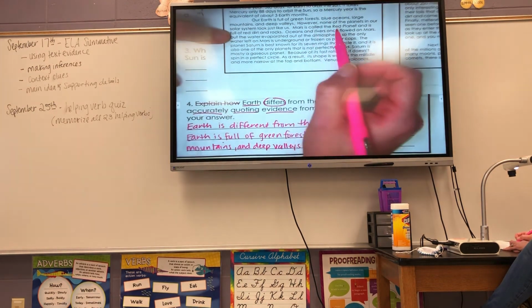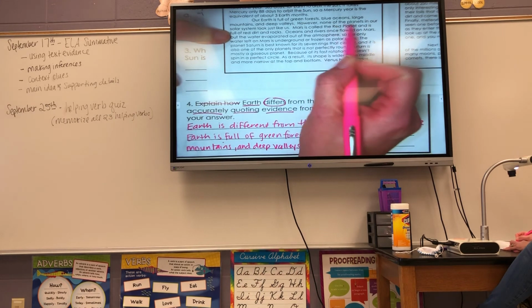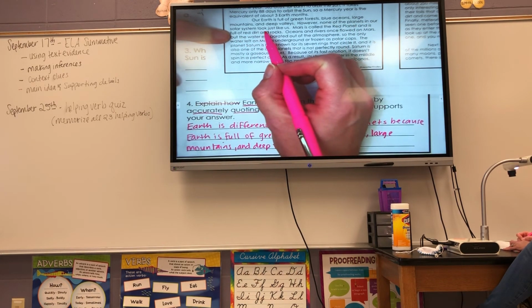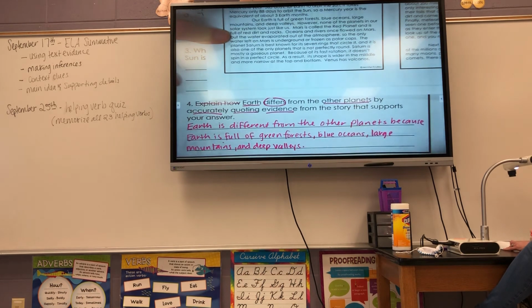Then I'm going to pick up and say none of the other planets, or none of the planets in our solar system look just like us. And it actually says however, so I'm going to pick up with that however, because that tells me that it's the opposite of what our planet has. However, none of the planets in our solar system look just like us.